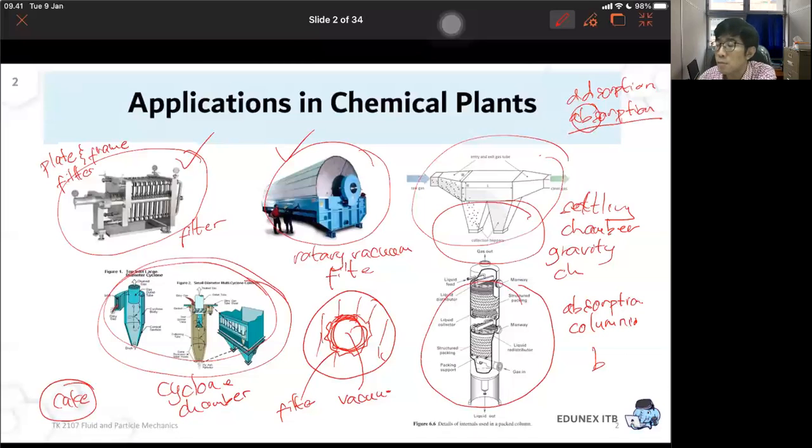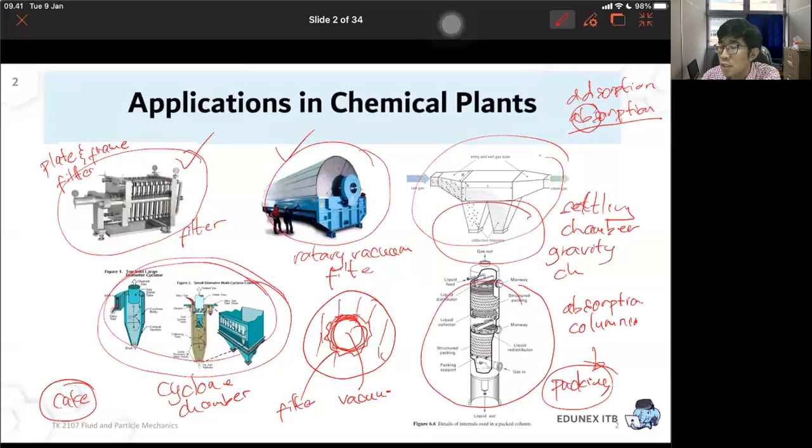Inside the column, you put what we call packing. Packing is a solid material. So you put the packing inside the column, and then you contact the gas with the liquid. The function of the packing is to provide a lot of surface area, so the contact between gas and liquid happens on the packing surface.